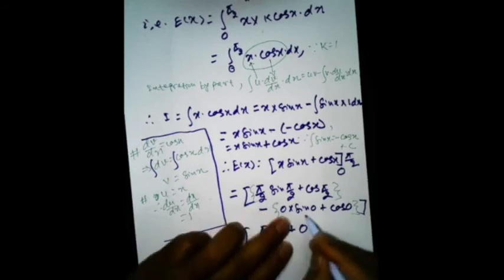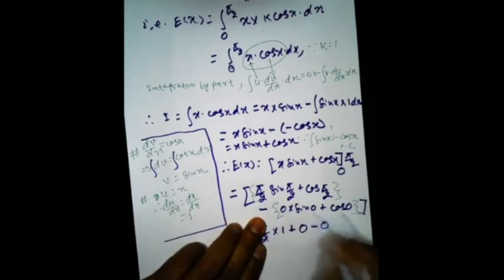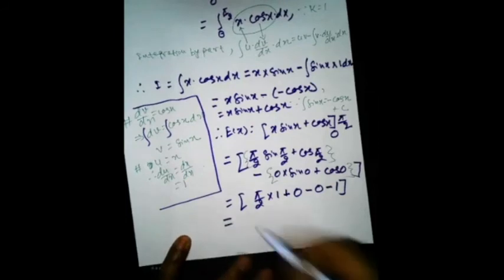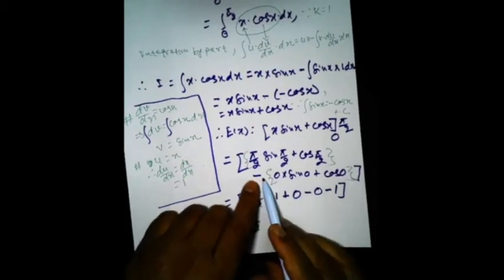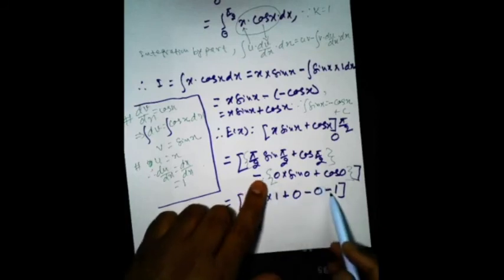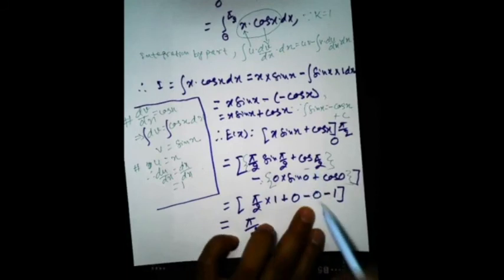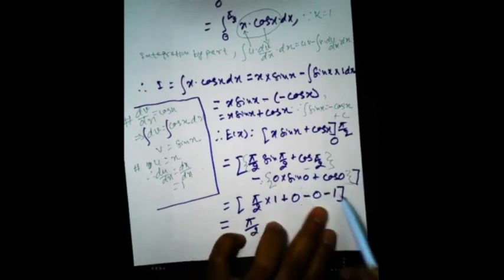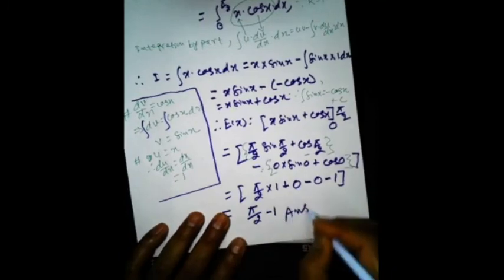Then minus, this term is 0, and cos 0 is 1, so the second part is minus 1. So you are left with pi by 2 times 1, which is pi by 2, minus 0 plus 1 with the sign handled, and the answer is as shown.